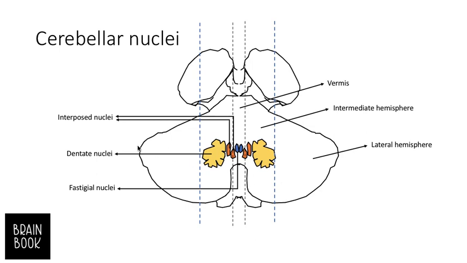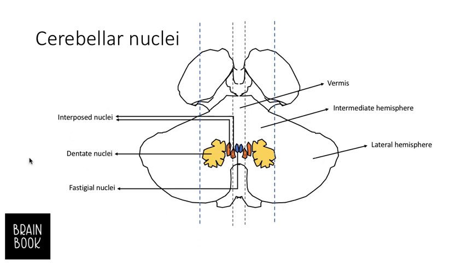As you can see here, this is a diagram of the cerebellum. We have a lateral hemisphere, the right hemisphere, and the left hemisphere. Here we have the vermis, a connection between the right and the left hemisphere at the center. And here we have an intermediate hemisphere and the lateral hemisphere.